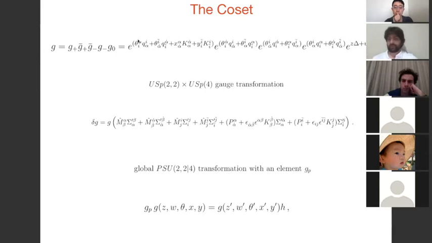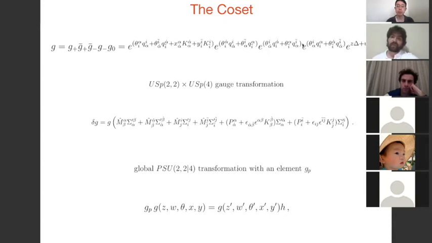I will construct a half BPS vertex. So I will focus on the bottom of the supermultiplet, so that all the states are annihilated by 24 supersymmetries.